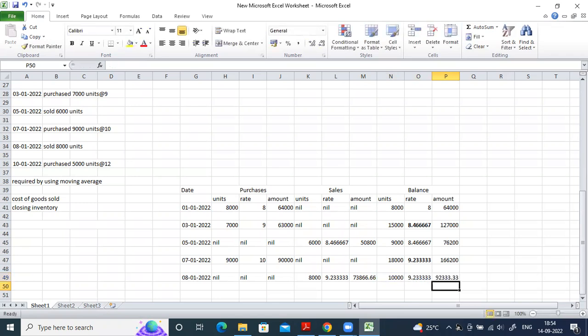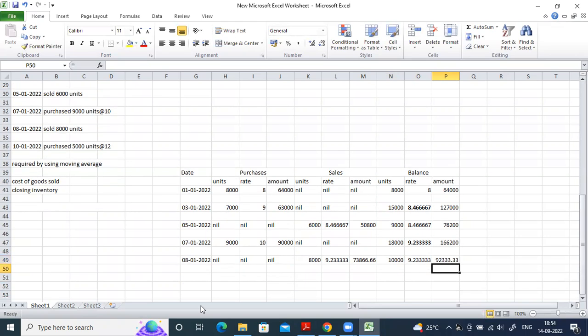Now next is 10th January, that is purchases. We purchased 5,000 units at the rate of 12 each. Then the amount will be 5,000 into 12, that is 60,000, and there will not be any entry in sales. Now, what will be the units? 15,000.